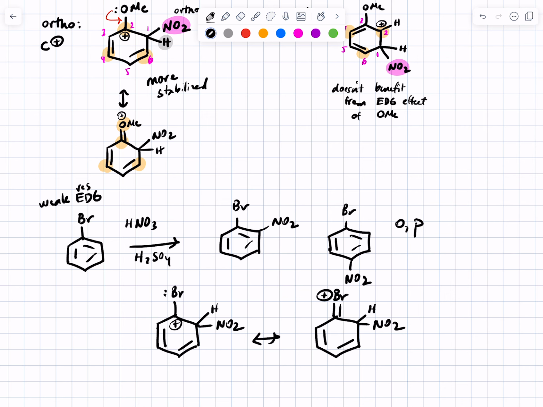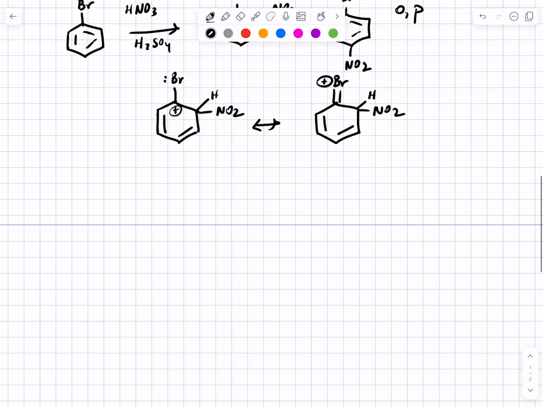There's two influences I've tried to talk about of various groups on benzene rings. You've got regioselectivity, that's what kind of director is it? And then you have activated versus deactivated.